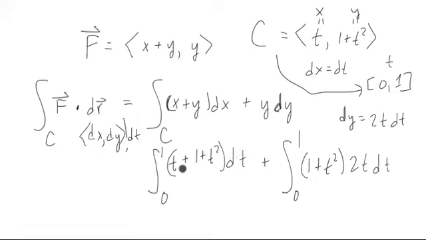In fact, we could extend this integral to cover everything if we wanted to at this point. So we have t plus 1 plus t squared, and we have this right here. Let's make this one big integral from 0 to 1. We've got t plus 1 plus t squared plus, and we can multiply that through, 2t and then 2t cubed.